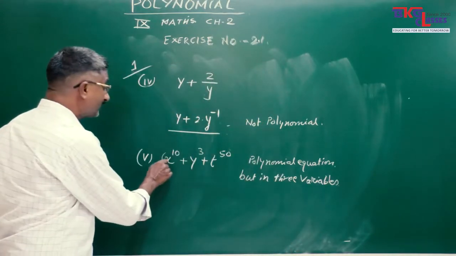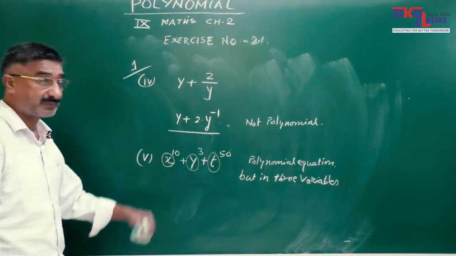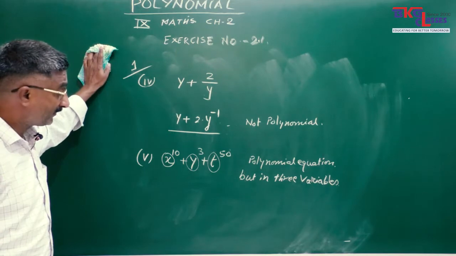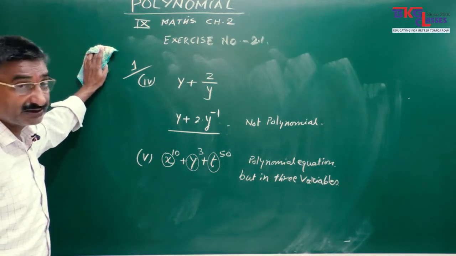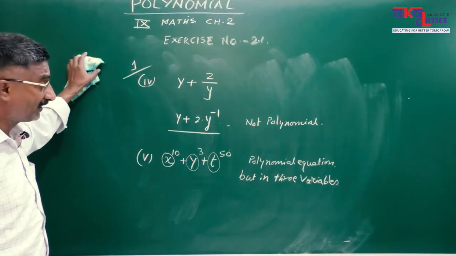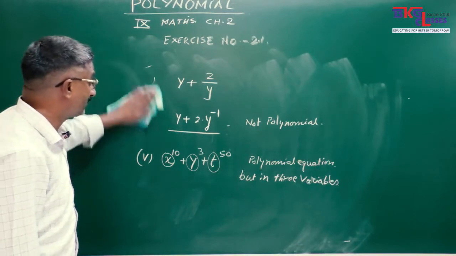Why? x is variable, y is variable, and t is variable. All the powers are whole numbers, that is 10, 3 and 50. But the variables are 3, so this is not a single variable equation. Okay? This is a polynomial in 3 variables having 3 terms. Clear? So, this is the first question.